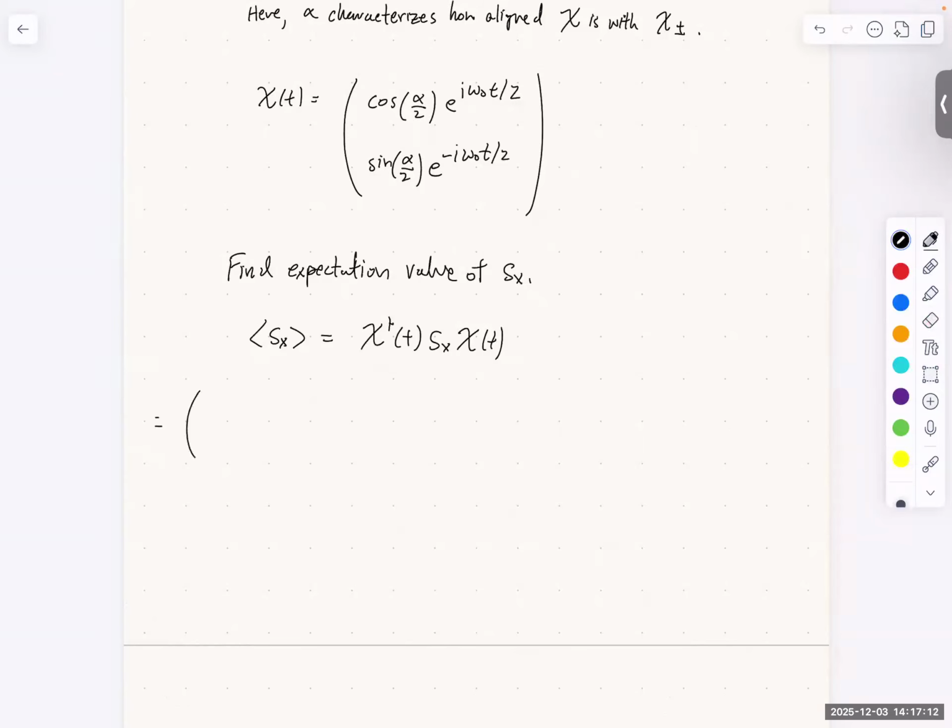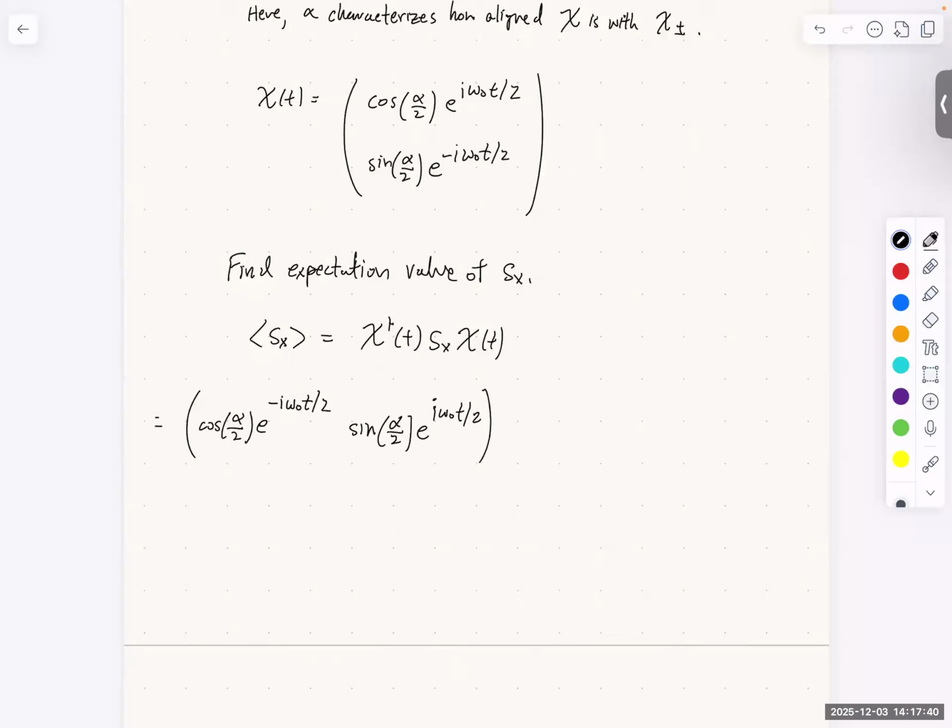So we're going to transpose, our column becomes a row, and we get cos alpha by 2 e to the, we have to take the complex conjugate, so we get a minus i omega naught t by 2. And then we get sine alpha by 2 e to the plus i omega naught t over 2.